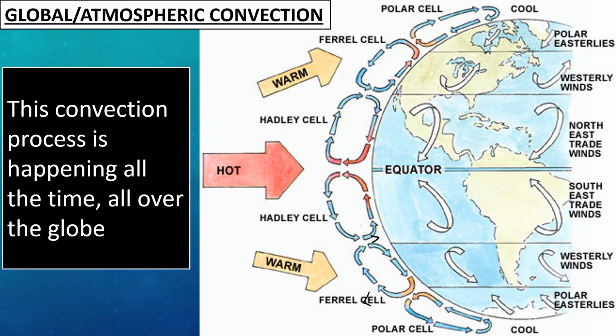So, north, east, south, west. So the easterlies are going to be coming from the east. The westerlies are going to be coming from the west, so on and so forth.